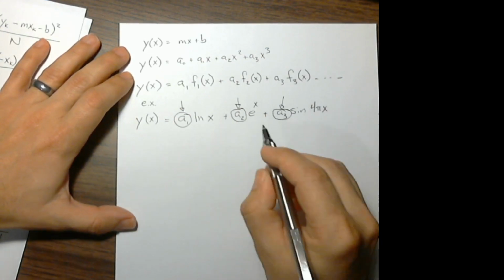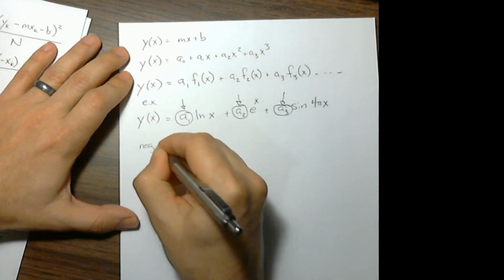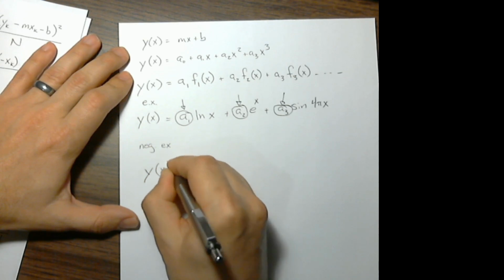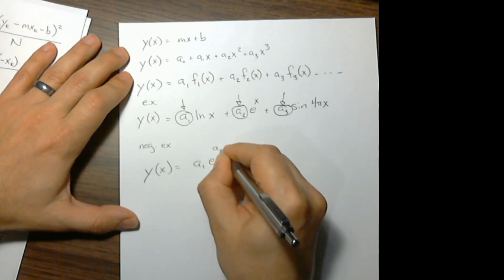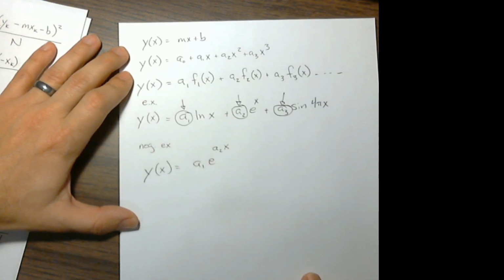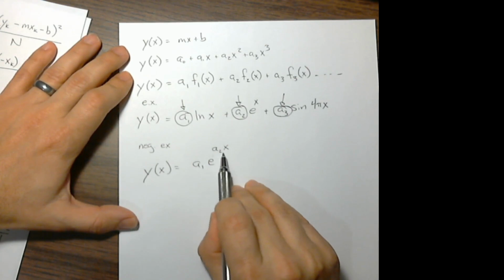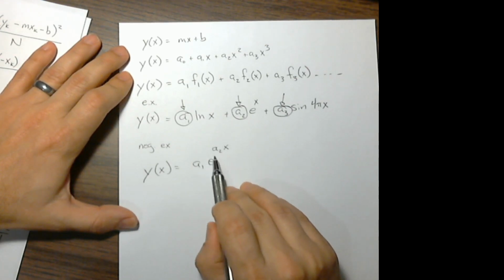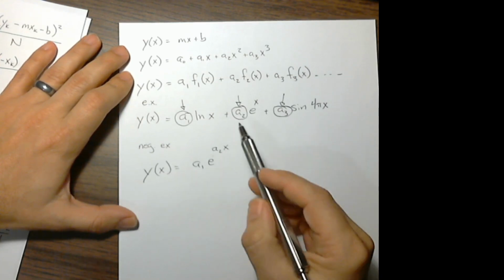Where this breaks, so a negative example, oops, there's an exponent. There is a coefficient inside the exponent that breaks this entire thing.